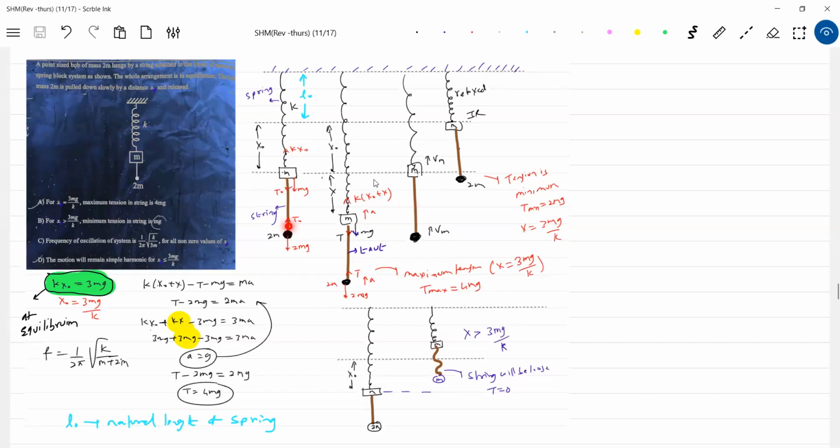Again, when it comes to the mean position, there is a common speed, Vm and Vm. Okay, leave it here. Now, because of velocity, it will start ascending up. So somewhere, let me take this particular position.